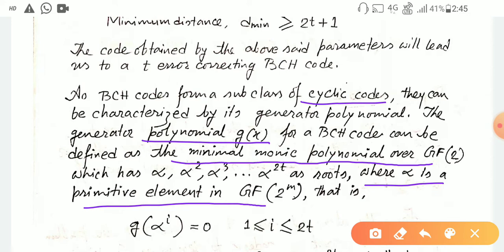That is, g(alpha^i) should be equal to 0, where i is greater than or equal to 1 and less than or equal to 2t.